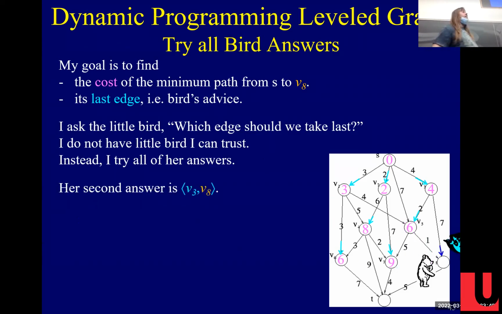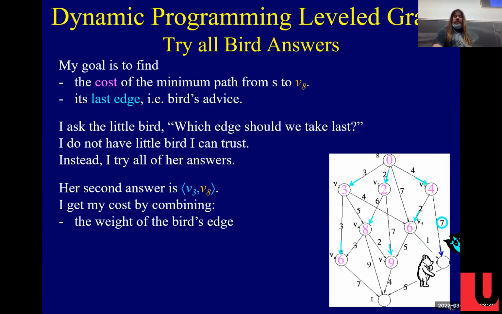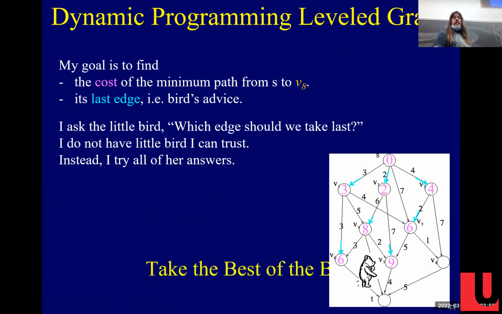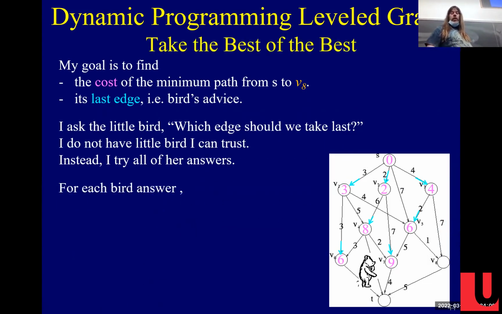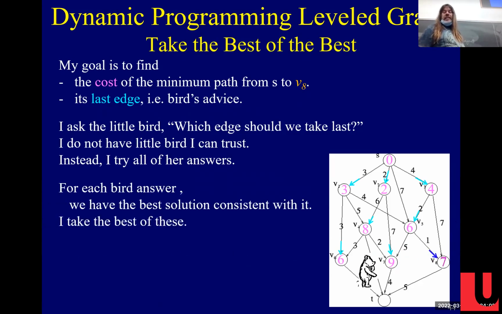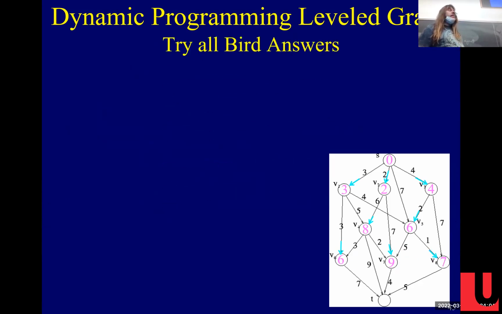And then if our friend says this edge, then we follow backwards and we combine the cost that the friend says to get here plus the 7 to give us a 9. And then we've done both of them. So we take the best of the best and we get our 7, right? Everybody kind of follow that?